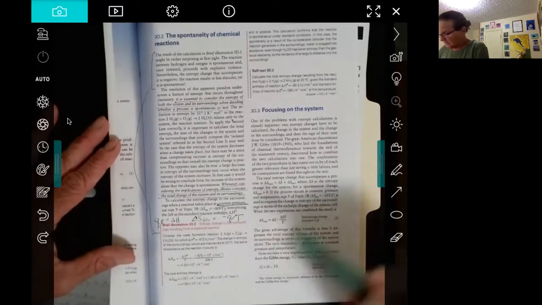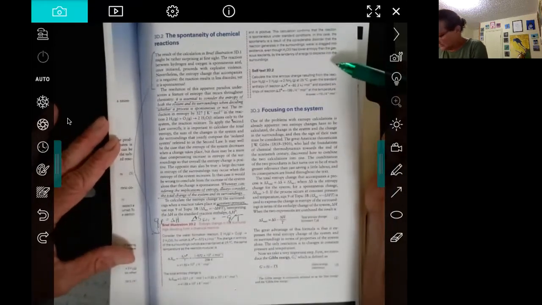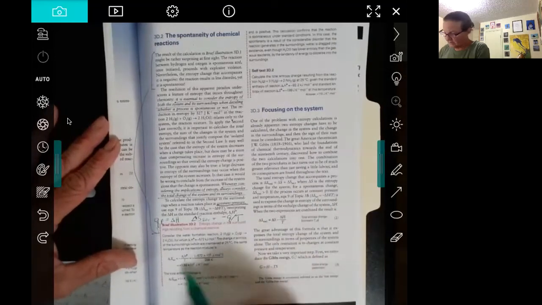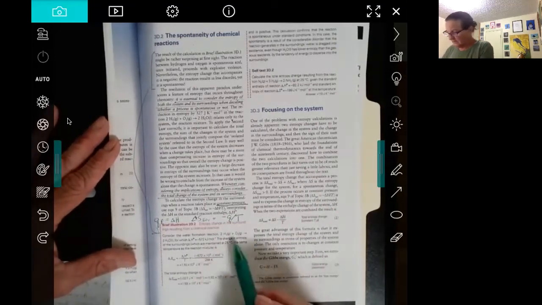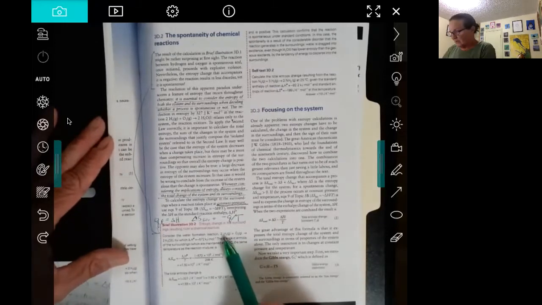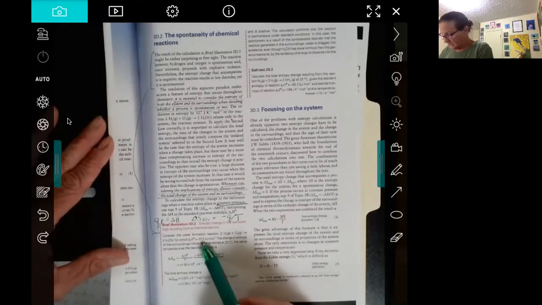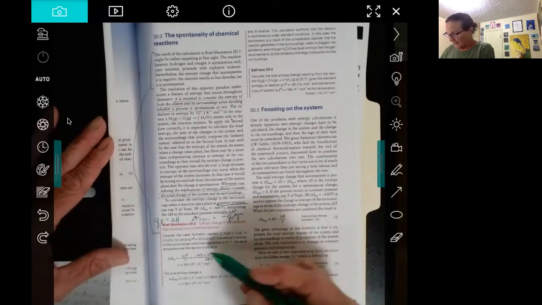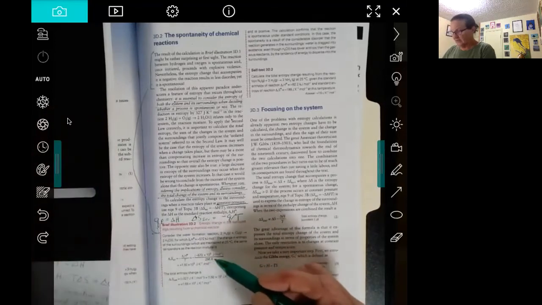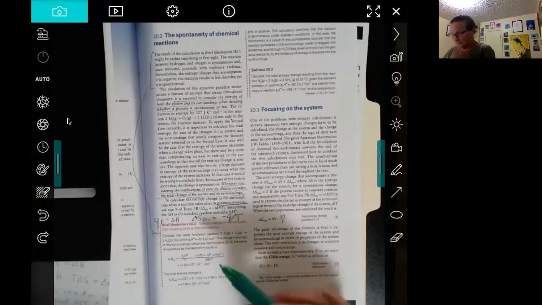So when you look at this, this just has you calculate the total entropy change for the system and surroundings. So for the surroundings in that reaction we looked at above, hydrogen plus oxygen goes to liquid water, if the delta H is negative 572 kilojoules per mole, then we're going to change the sign of that. The reaction gives off that much heat, so the surroundings absorbs that much heat.